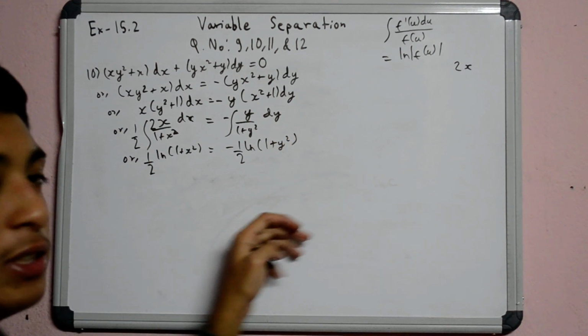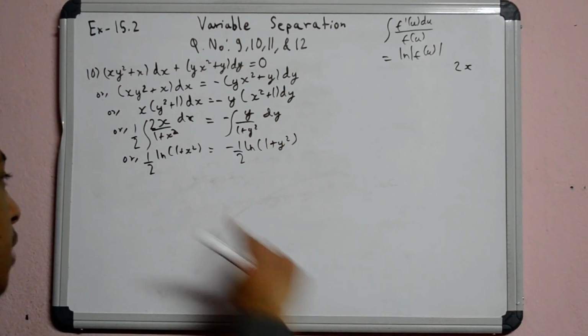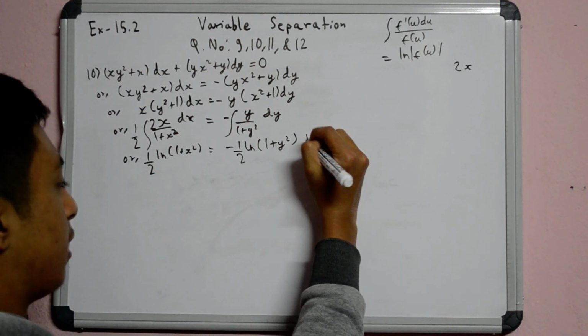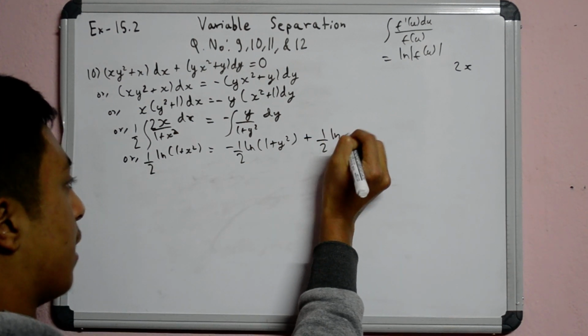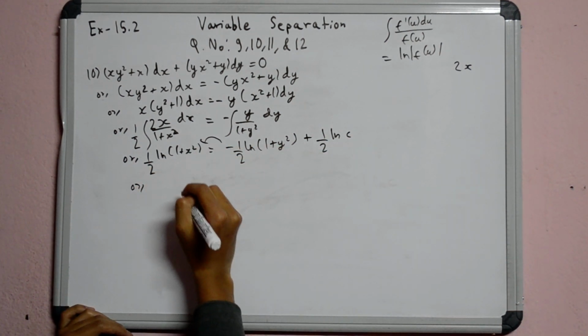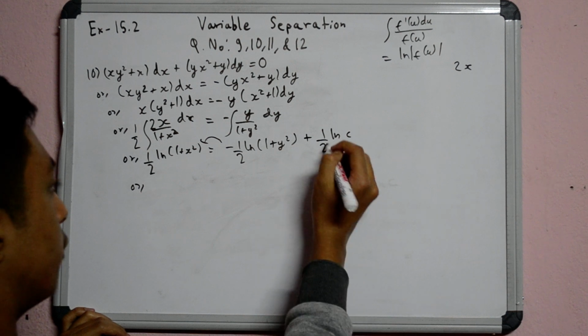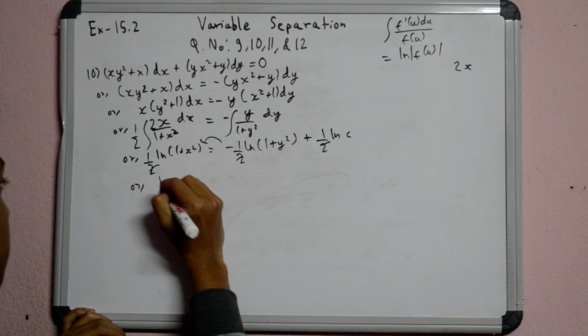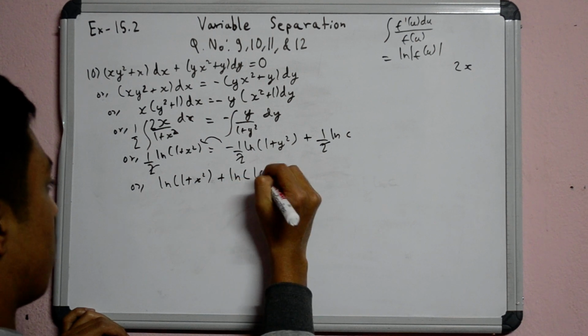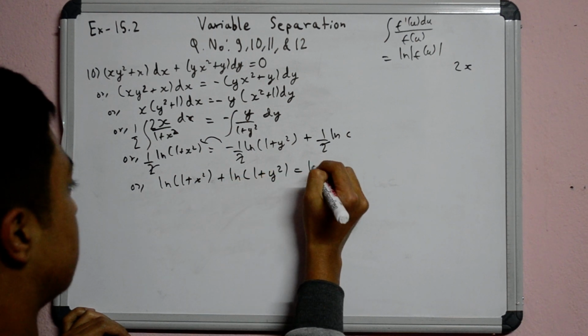And here we can choose our constant. Now since we have 1 by 2 as well as log natural on both sides, let's write our constant as 1 by 2 ln of c. Put this on the right hand side, so first let's cancel all of the 2's. So it becomes ln 1 plus x square plus ln 1 plus y square equals ln c.